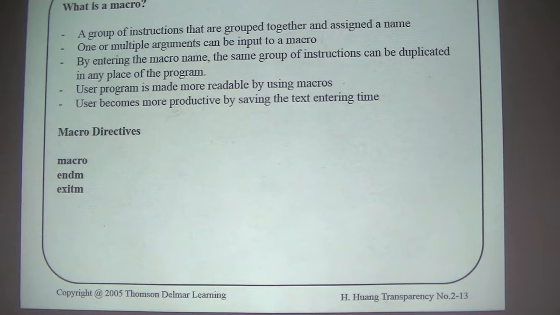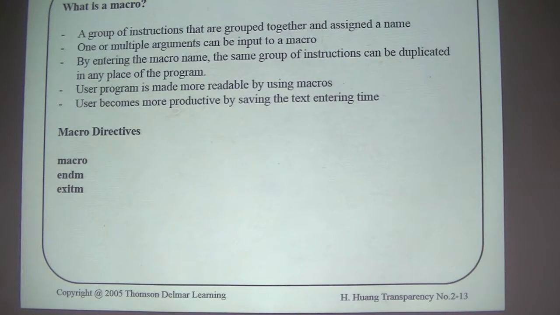By entering the macro name, the same group of instructions can be duplicated in any place of the program. The user program is made more readable by using macros and becomes more productive by saving text entering time. Of course, this is the theoretical aspect which I am reading. In other words, this is similar to a function. In assembly language, we also have functions, but we call them subroutines. But this is something similar to that.